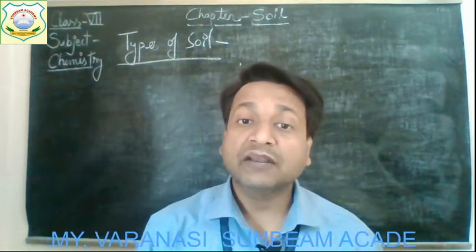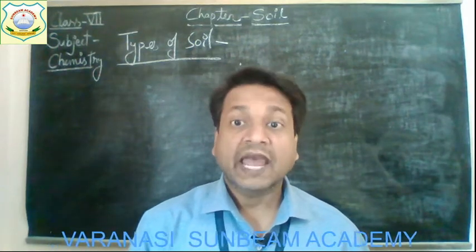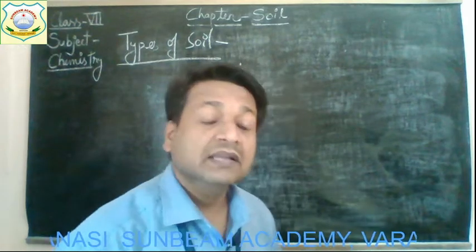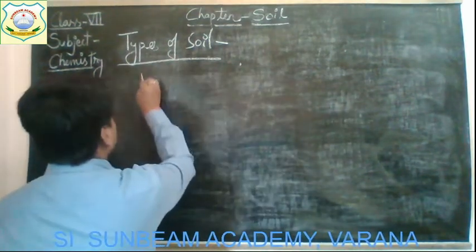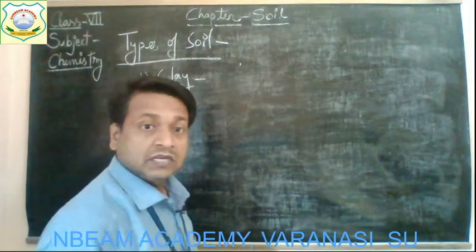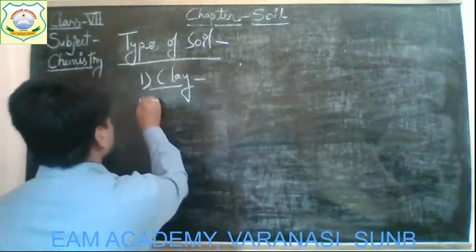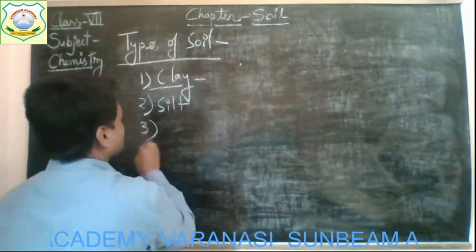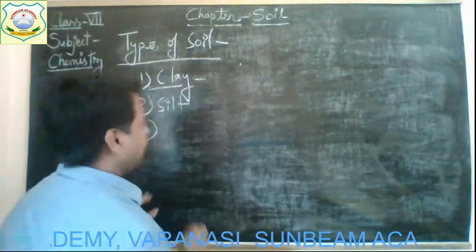And they look and feel different. And these three kinds of rock particles are: the first one, clay; second one, silt; the third one, sand.